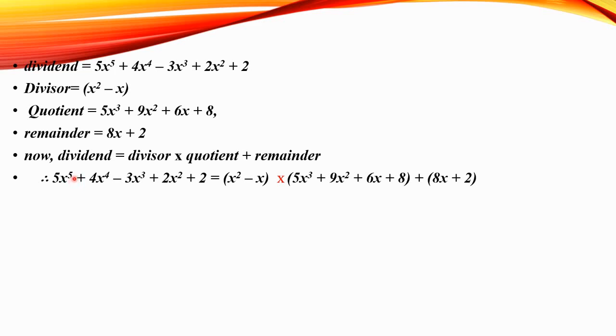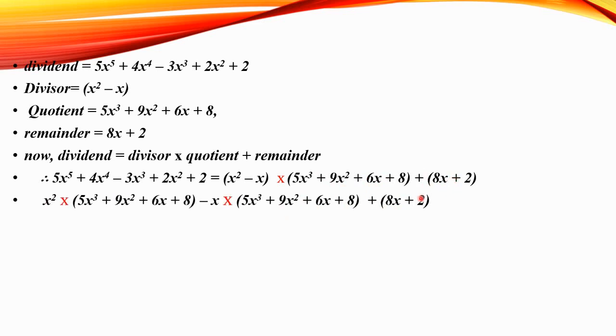5x raised to power 5 plus 4x raised to power 4 minus 3x cube plus 2x square plus 2 is equal to x square minus x into 5x cube plus 9x square plus 6x plus 8 plus the remainder 8x plus 2.